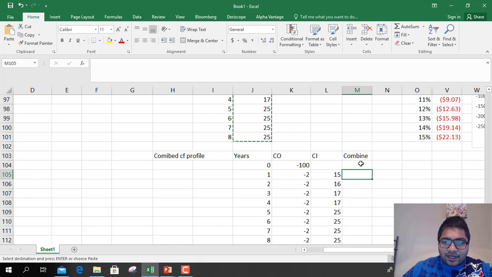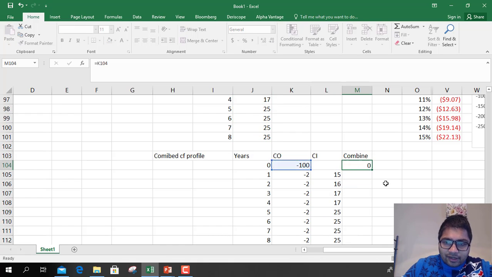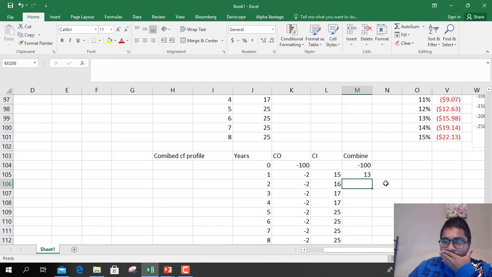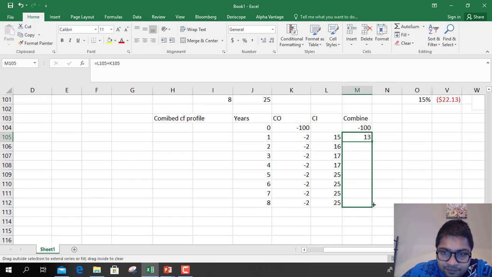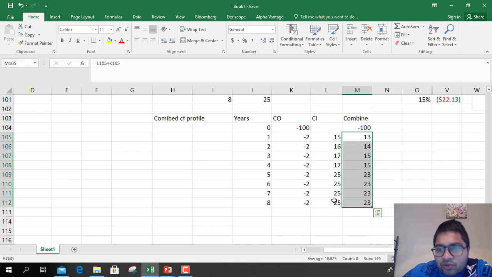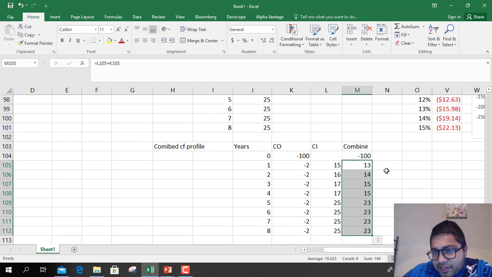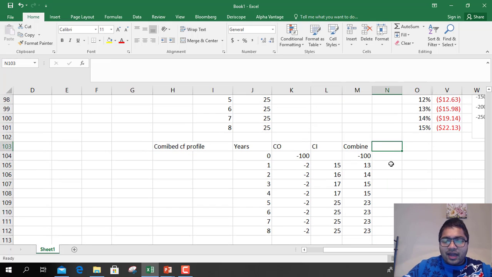Okay, so let's combine them. So 100, then 15 inflow plus 2 outflow, so the total is 13, and 16 minus 2 is 14, 17 minus 2 is 15, and so on and so forth. So you have a combined cash flow. Now you want to find IRR, internal rate of return.